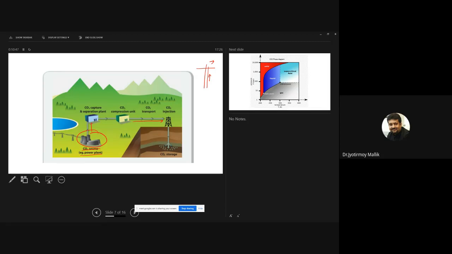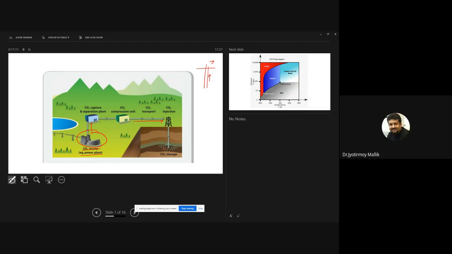So the liquid carbon dioxide which you make in the compression unit is directly injected inside the reservoir. Like you have injected water to maintain the pressure of the reservoir, similarly, in this particular case, you are injecting carbon dioxide inside the ground. And that carbon dioxide will stay there.